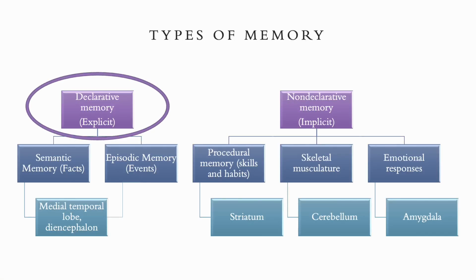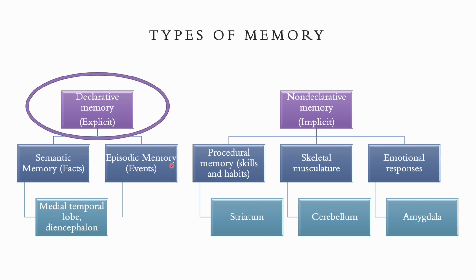Now we're going to focus on declarative memories, which are also known as explicit memories. Now there are 2 key types of declarative memories, including semantic memory and episodic memory. Now remember, semantic memories can be facts, such as geography, memorizing where different states or countries are located.